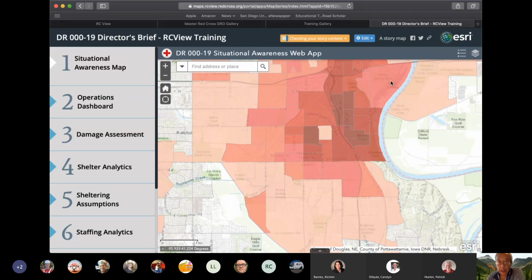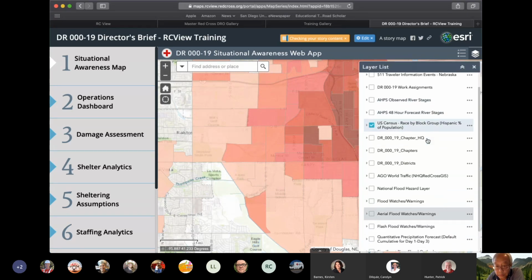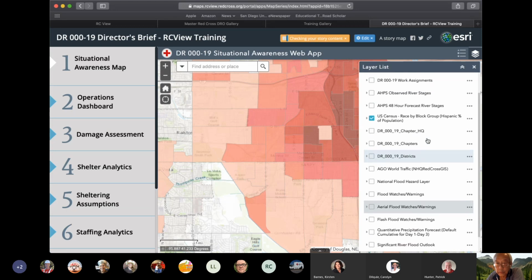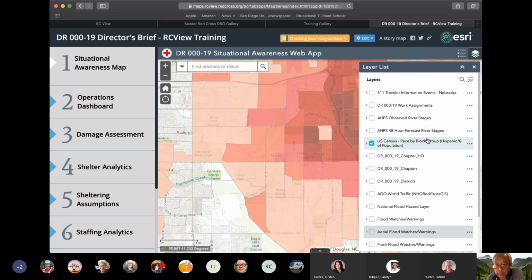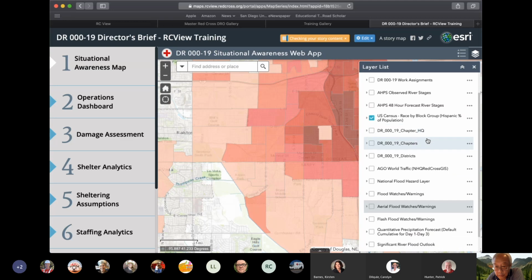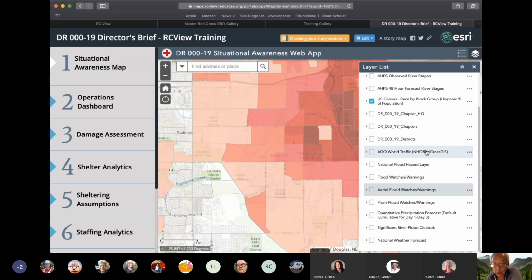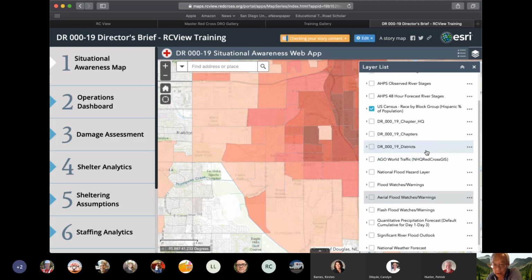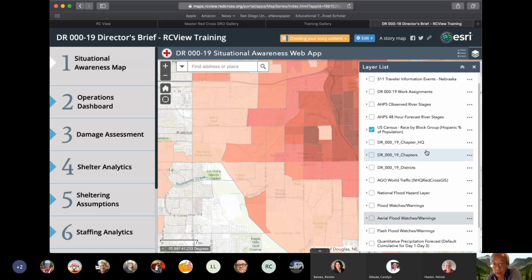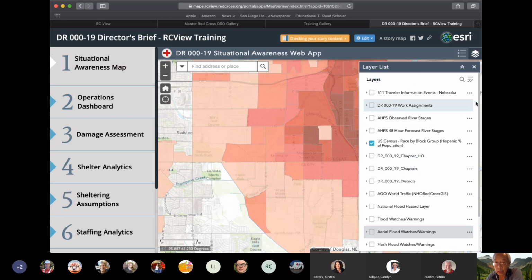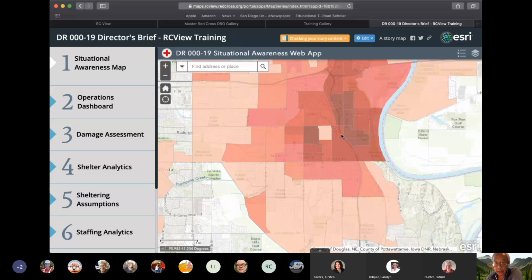Now, if I then brought in the damage assessment, let's see if I can do that here. I don't think I have it. Okay. So keep in mind that the density of Hispanic populations is in this area down here.